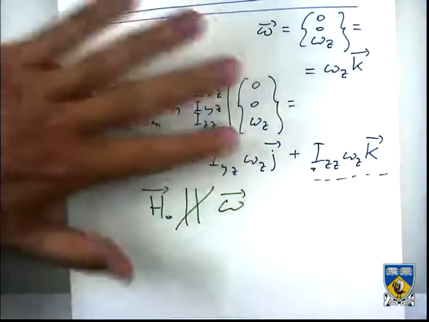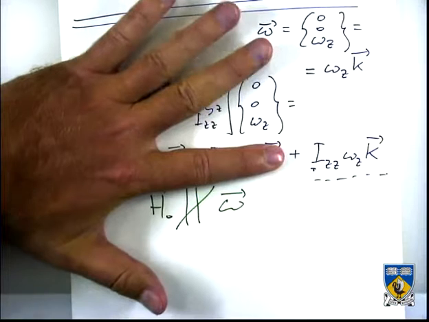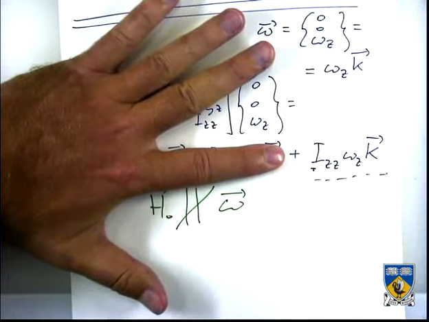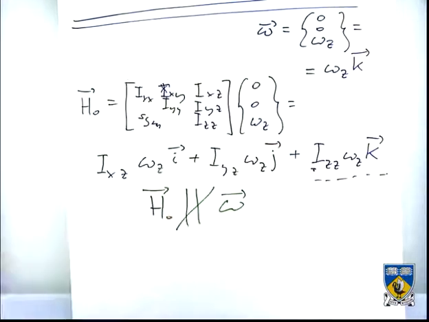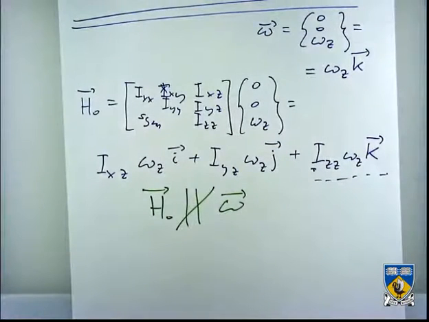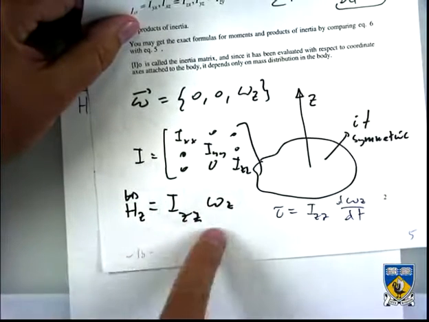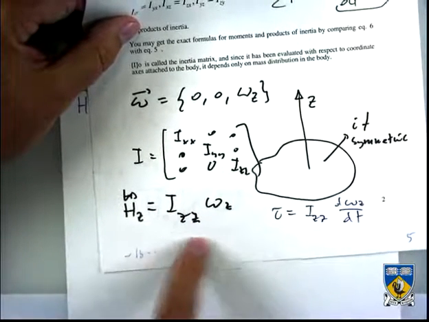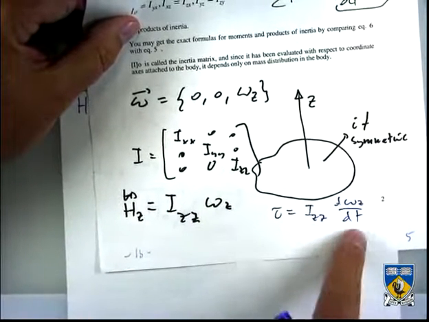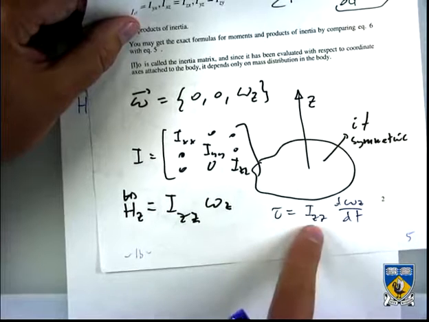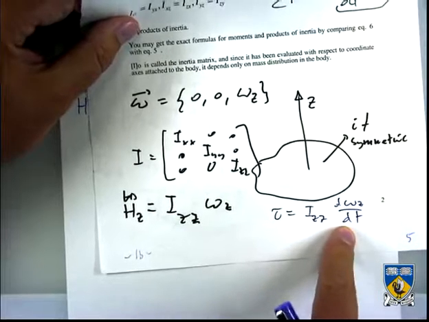So in primary school, you have seen only this, right? As I also made this note here, for a symmetric body, you only see this. And this is the torque, just IZZ times angular acceleration.